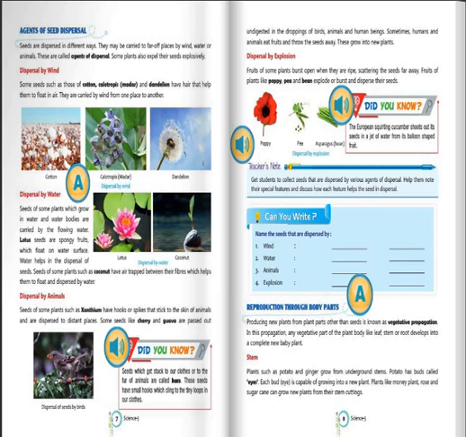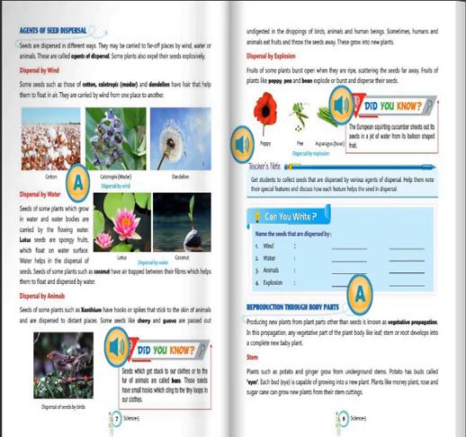So till now we have studied reproduction through seeds. Now in the next part we are going to learn how reproduction takes place through the body parts. Producing new plants from plant parts other than seeds is known as vegetative propagation.